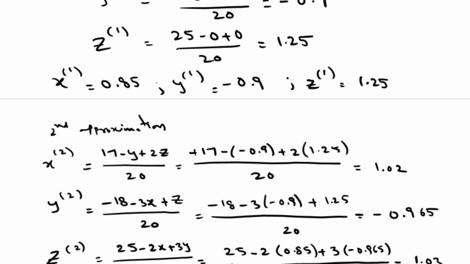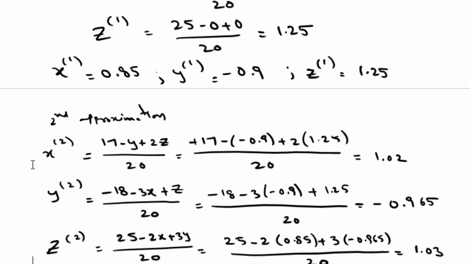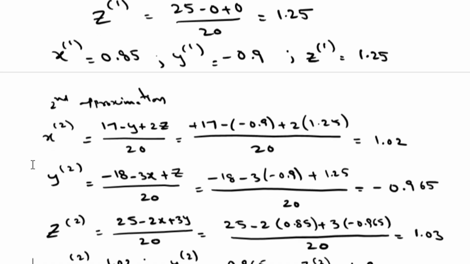Similarly, z in the second iteration is equals to 25 minus 2x plus 3y by 20, which implies we will obtain the value of z in the second iteration is 1.03.